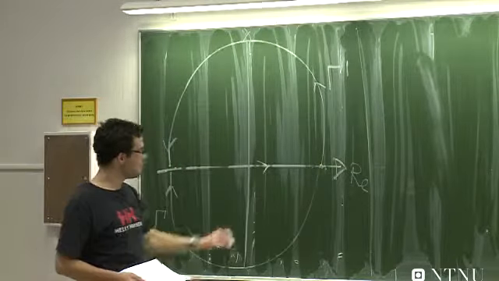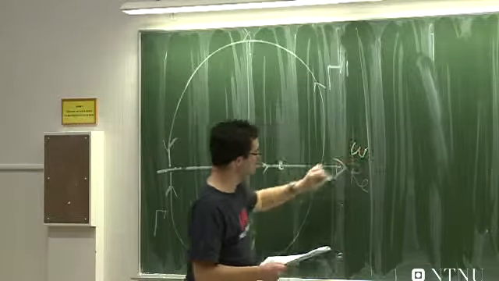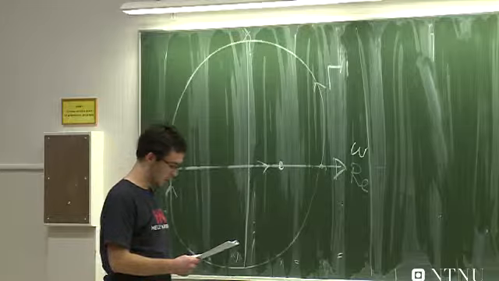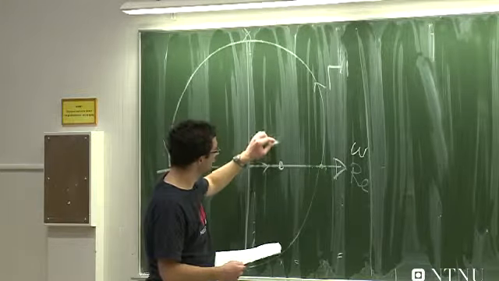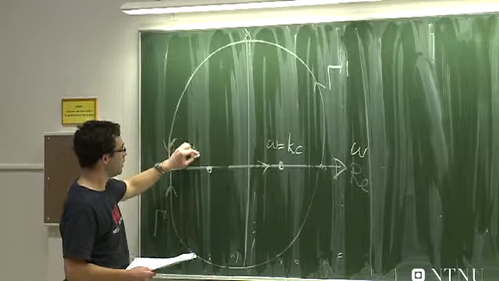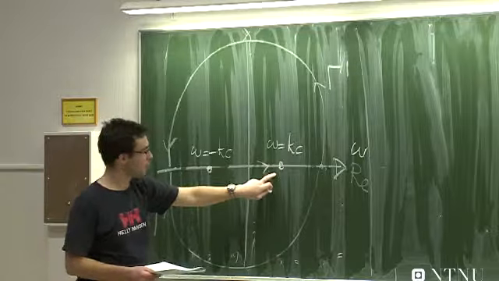We had some singularities at, well, let's see, this is the omega axis, or real part of omega. So at omega is equal to kc, and omega is equal to minus kc. There we have two singularities.